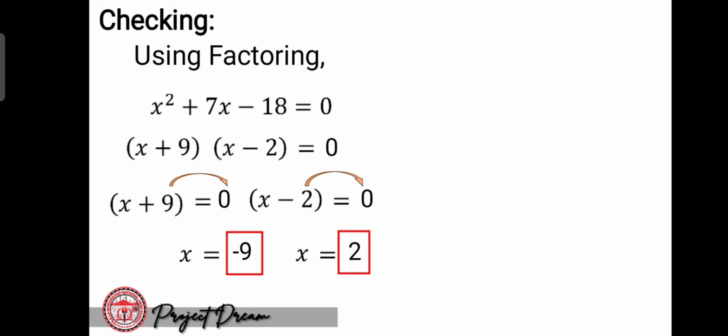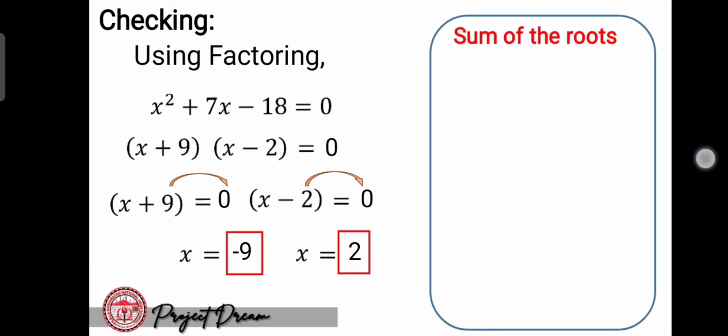So let us compare our answer a while ago. Let us compute the sum of the roots. We have x sub 1 plus x sub 2. Let us substitute. X sub 1 is equal to negative 9 and x sub 2 is equal to positive 2. So negative 9 plus 2 is equal to negative 7.